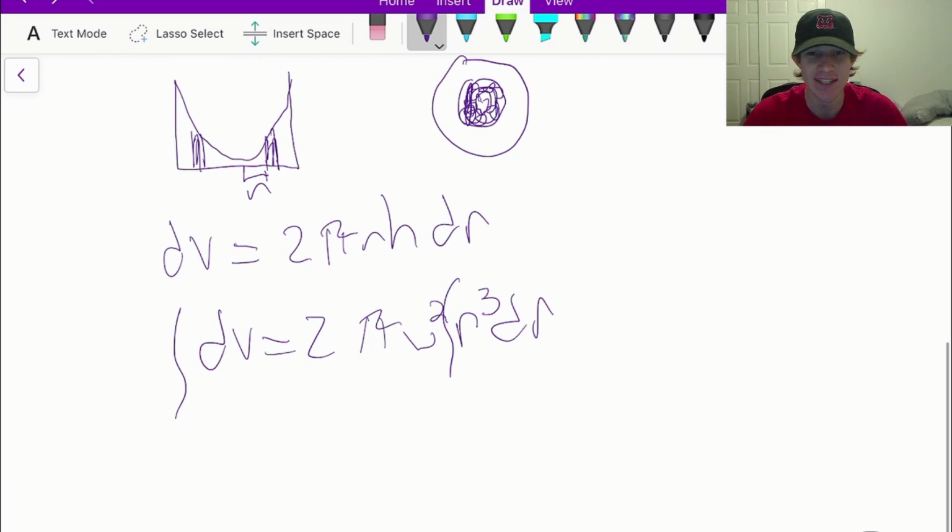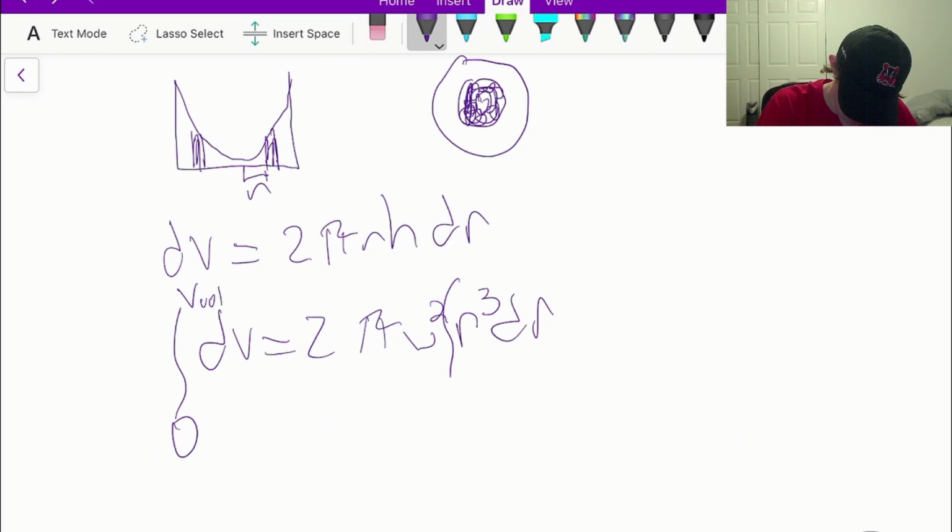Now we want to integrate this. The boundaries on the left are going to be 0 to V, which is going to be the volume of the liquid. And on the right, the bounds of integration are going from 0 to big R, which is going to be the radius of the cup.